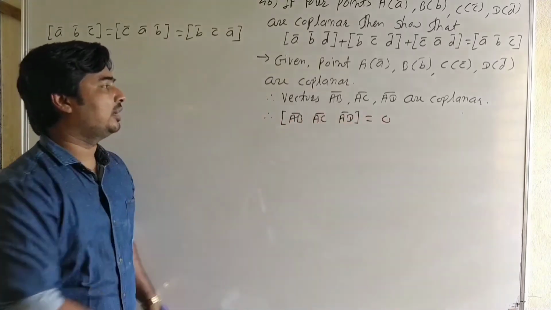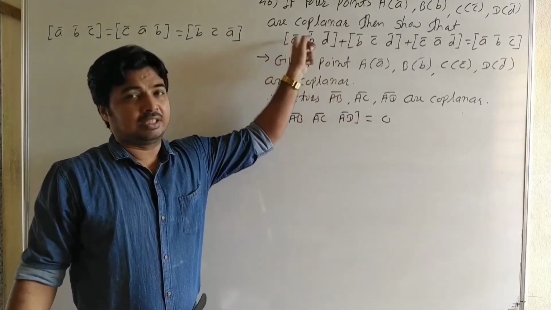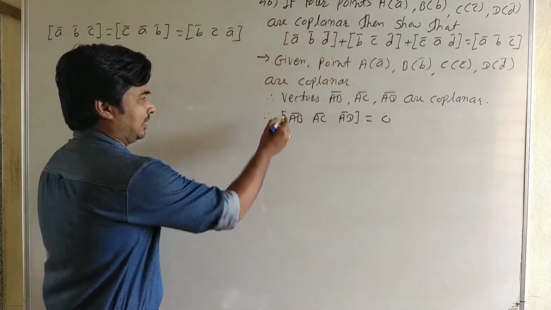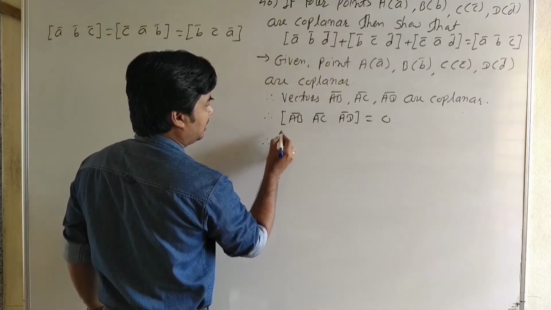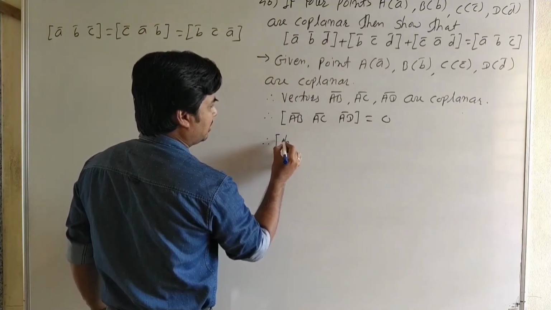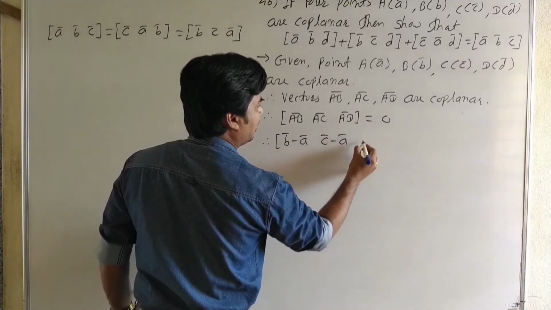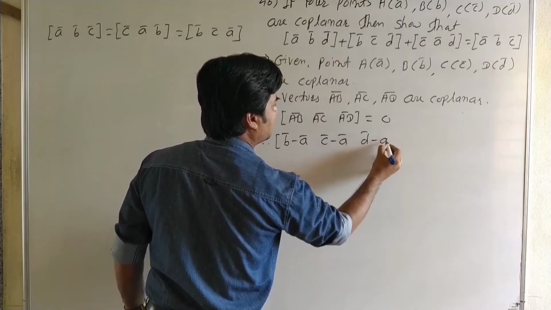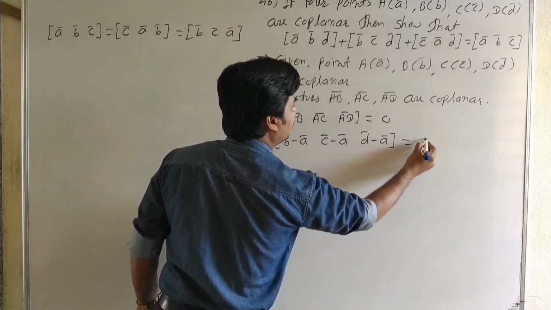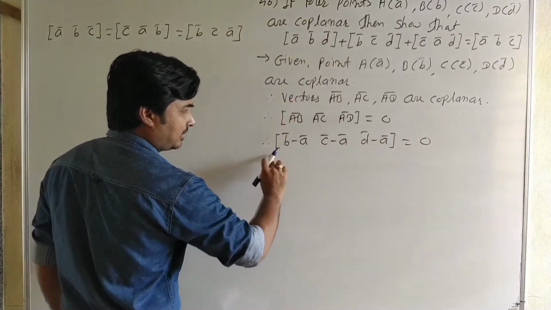Now it is a given condition and we want to prove this. Then we can write this in the form of position vectors: B bar minus A bar, C bar minus A bar, and D bar minus A bar is equal to 0. Here it is a triple product form.